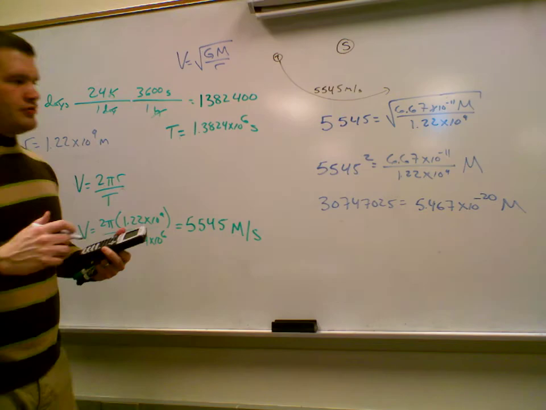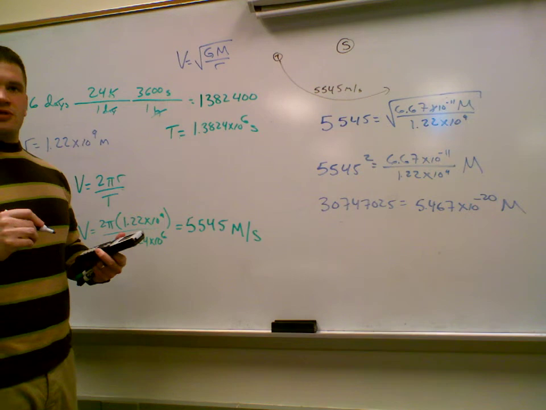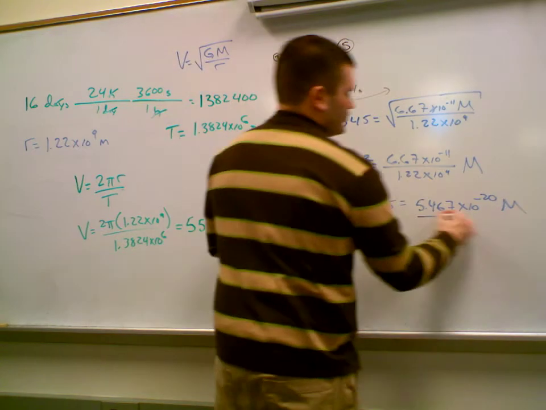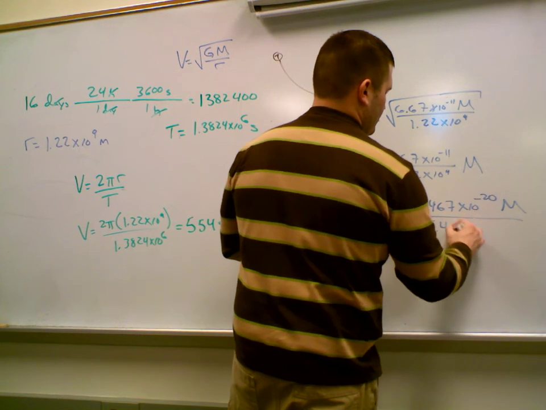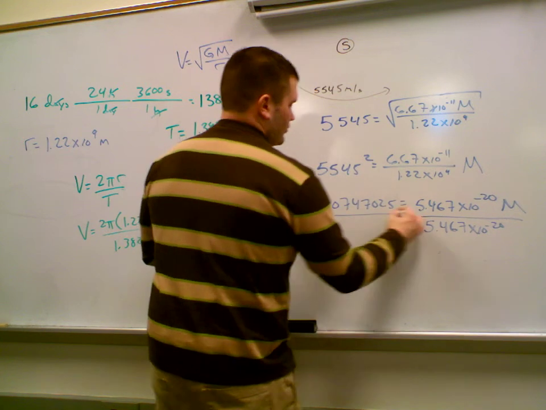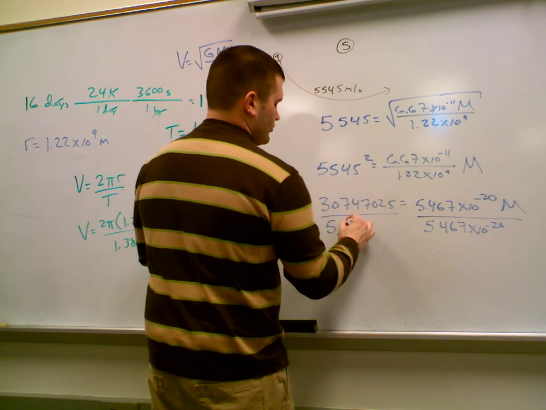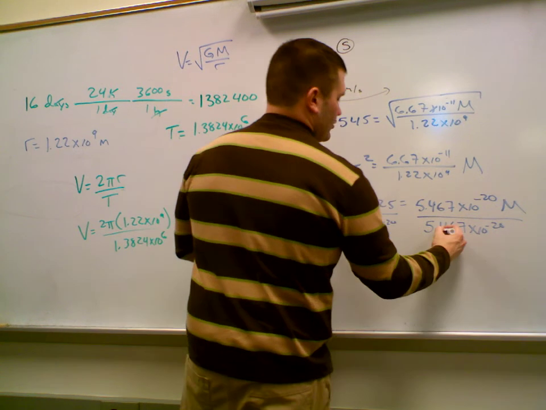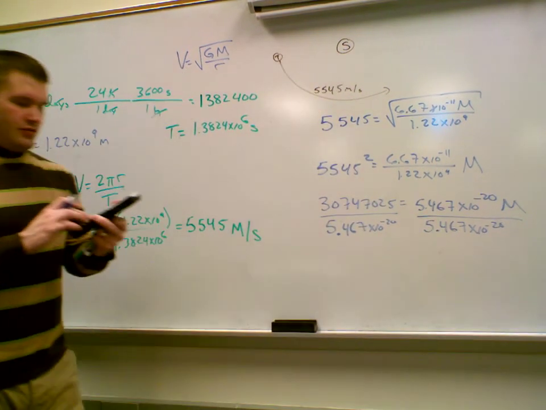So now what do I do? Divide by the 5.467 number, right? Okay, and what do we get?